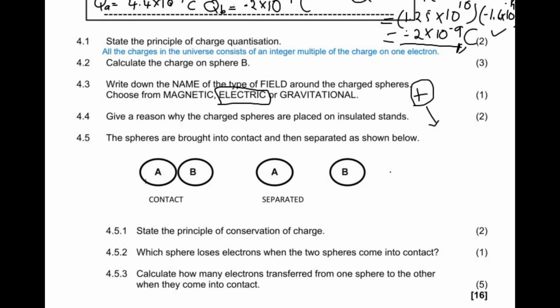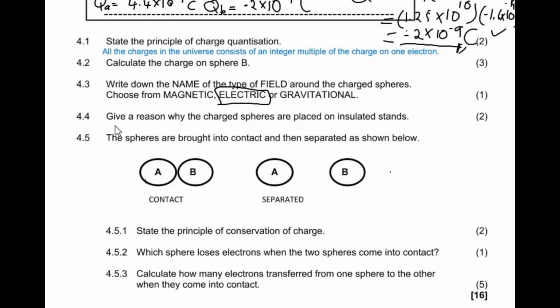So it is outward. But around a negative charged particle, we will have that electric field pointing towards it. I'm not sure in which term you're going to start learning about these electric fields surrounding charges. Perhaps it's going to be done in grade 11. I'll have to double check with the ATP.